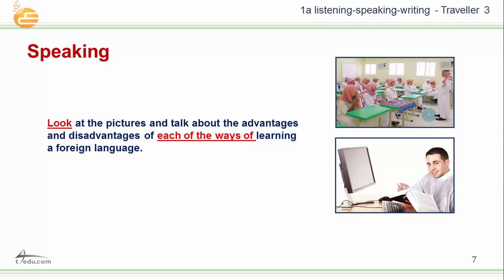Of course, for the first photo, there are advantages and disadvantages. And for the second photo or the second way of learning, there are advantages and disadvantages. Now, if you choose this or that, remember to give reasons why you chose this and give examples. And if you chose that, the second photo, you give examples and support your choice with why.